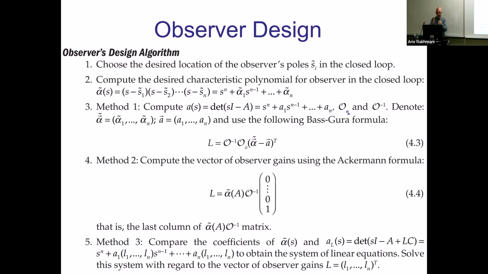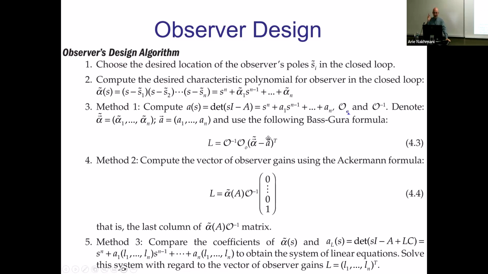So I'm just putting these numbers here, and I'm getting observability matrices instead of controllability matrices, canonical observer form, and these are vectors that I just defined here. So these are vectors of these two polynomials, this polynomial and the open loop polynomial. Okay, so this is again the same thing as in the Bass-Gura formulas.